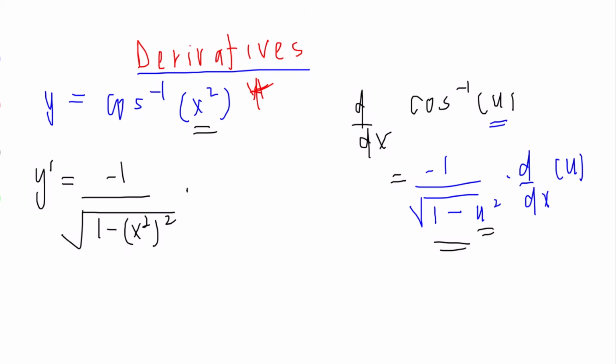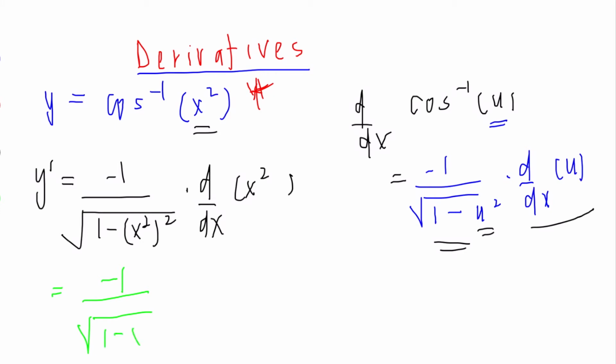Then we multiply that with d all over dx of u, which is x squared in our case. The derivative of u here is the derivative of x squared. After that we just simplify. So here we have minus 1 all over the square root of 1 minus x to the power 4, times the derivative of x squared, which is 2x.